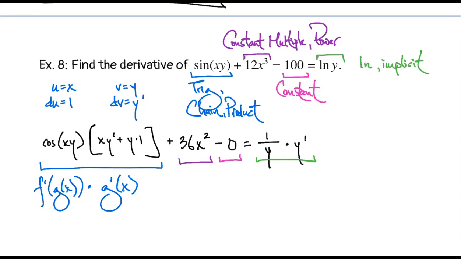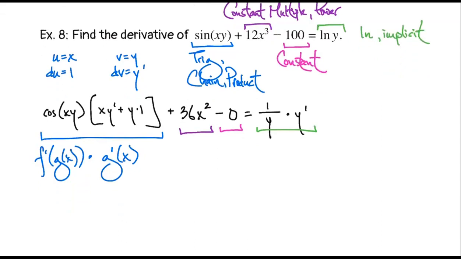Okay. All right. So once our calculus is done, now we just got to get it as a y prime. So we're going to collect all of our terms that have a y prime in them. But before we do that, I think we might need to simplify this part first. In fact, I think it would be useful if we distributed the cosine xy to the first term and to the second term.